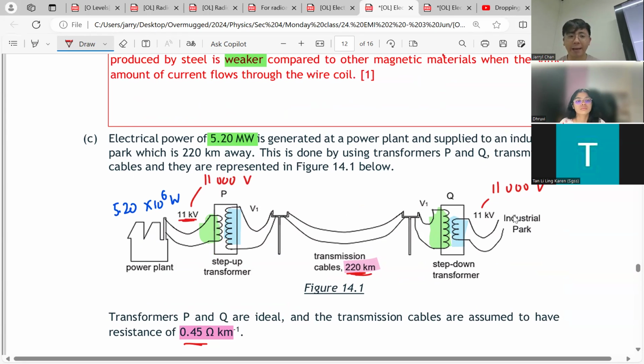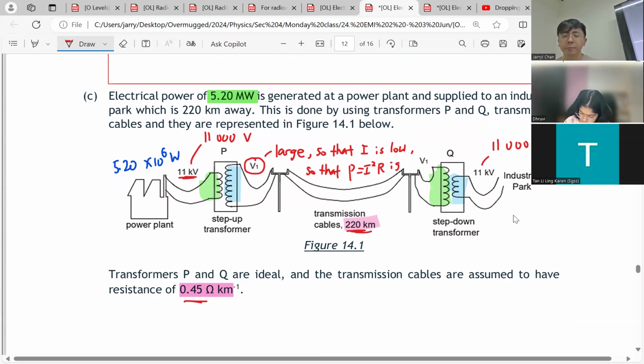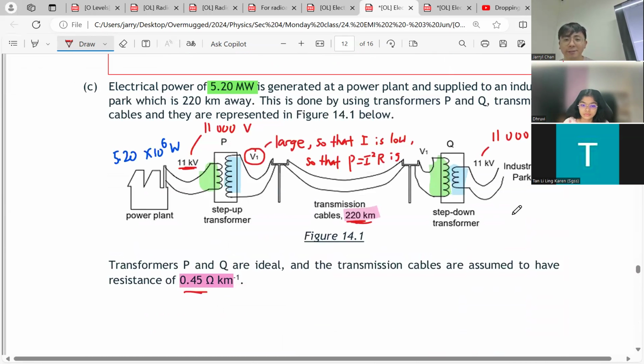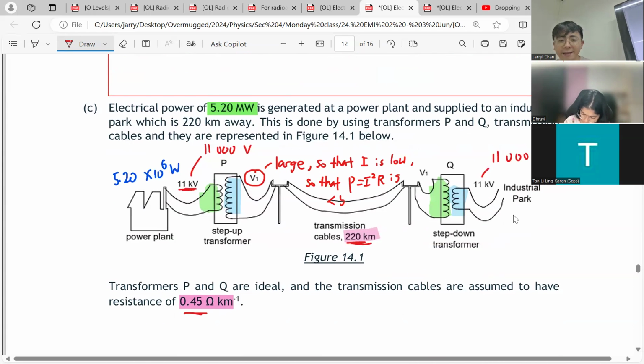My transformer steps up, and I want V1 to be large so that the current is low, so that P equals I squared R is less than the maximum value of 520,000 watts.